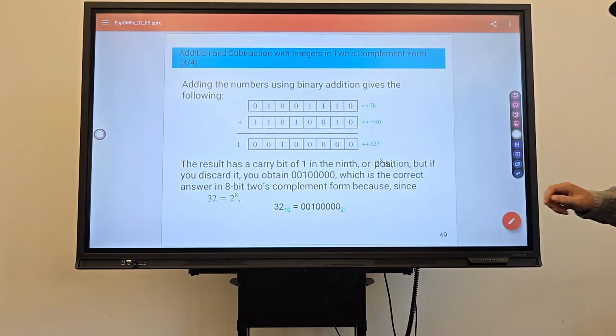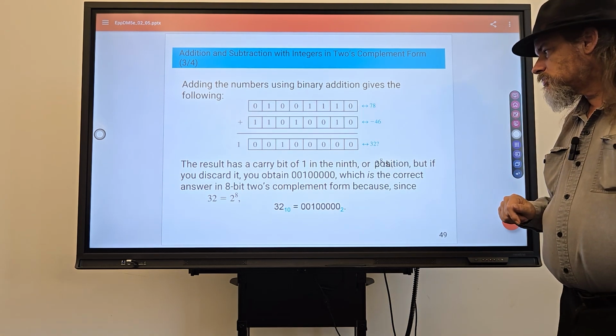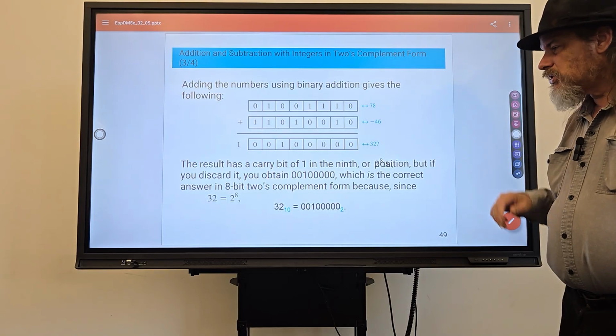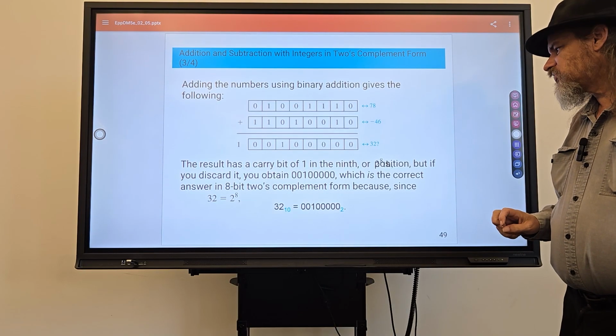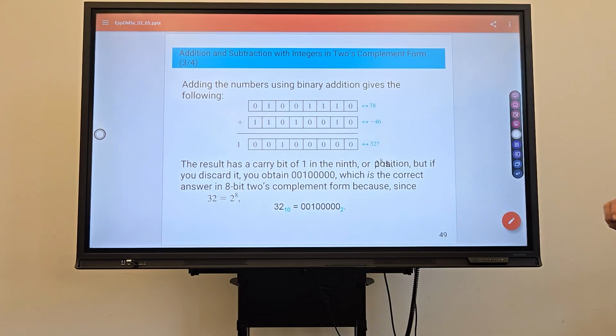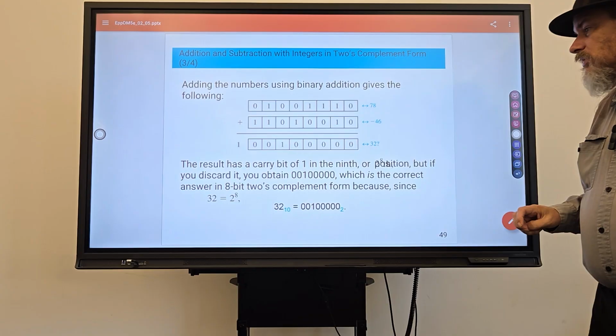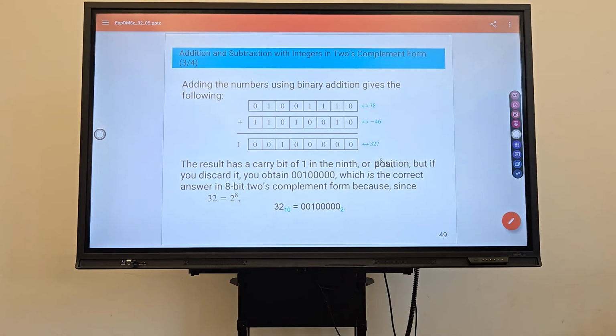Now you add the numbers together, and you get 32, kind of. The result has a carry bit of 1 in the 9th position, but if you discard it, you obtain 32, which is the correct answer for the 8-bit 2's complement form.